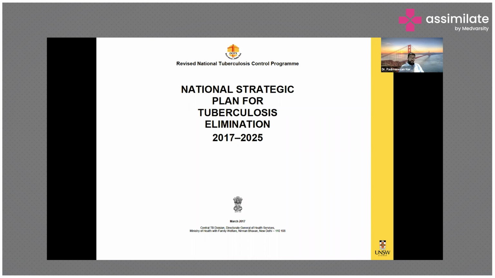It's a fantastic document, and you will be astonished to see the level of detail the government has put in preparing this document, and appreciate the involvement the government has put in eliminating TB from the country.